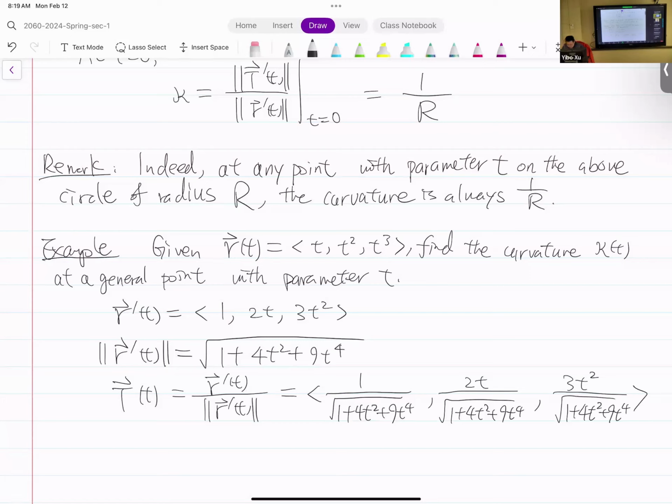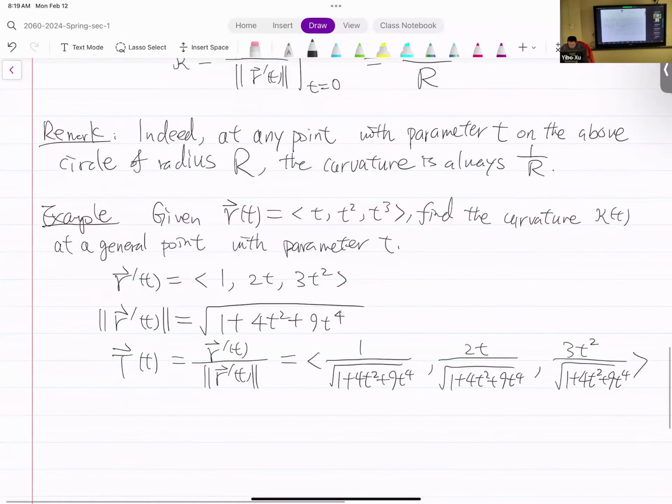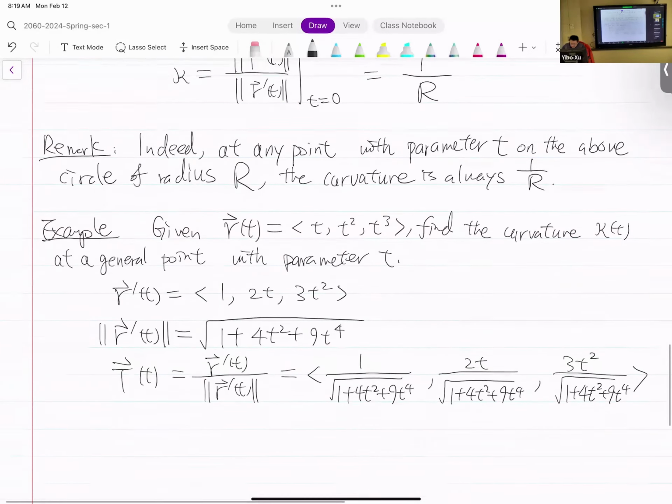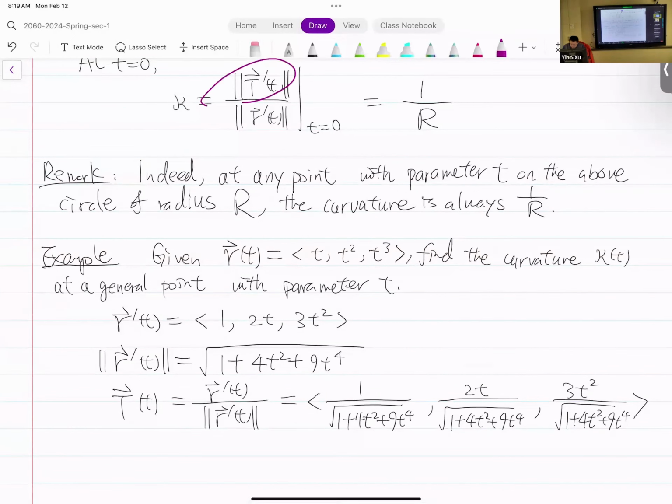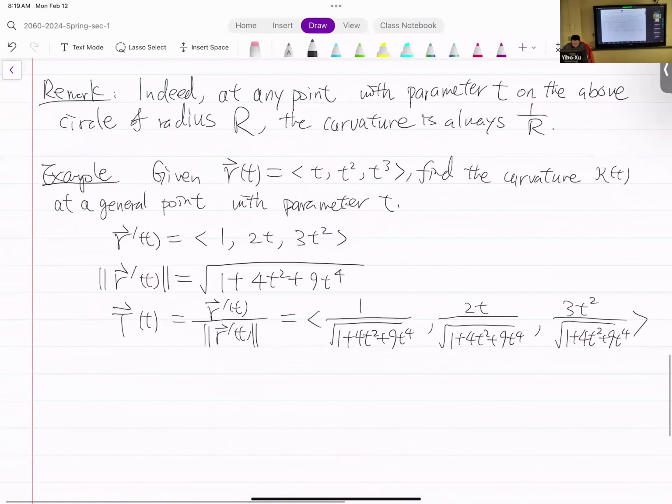The thing here is that it's not only tedious to write out the denominators, but also if you consider calculating cap T prime, and you calculate the derivative of this and then want to take the magnitude again, that's going to be kind of complicated. It may not be so bad if you're just taking the derivative because it's just the quotient rule, right? But we don't really want to calculate it explicitly because it's just going to get more and more complicated.